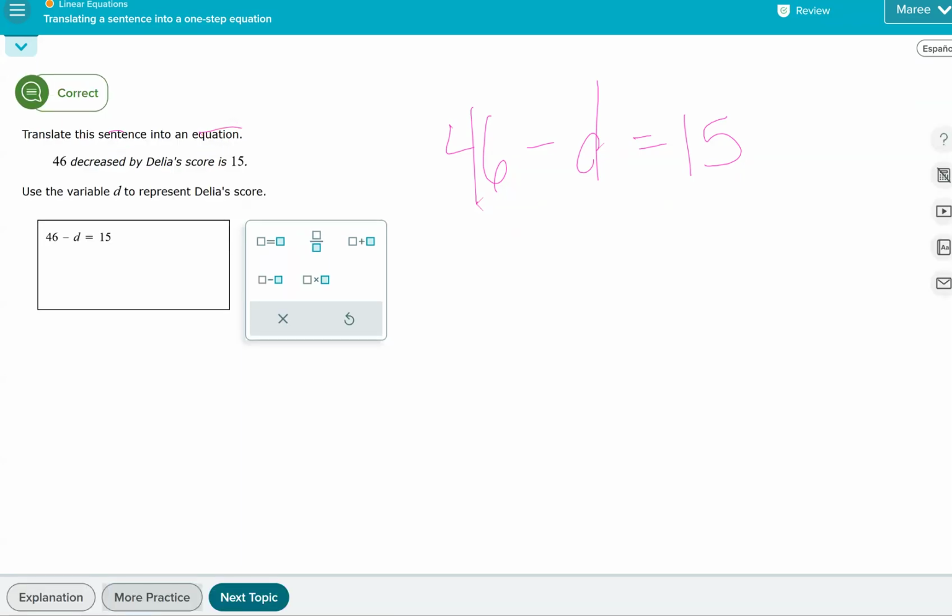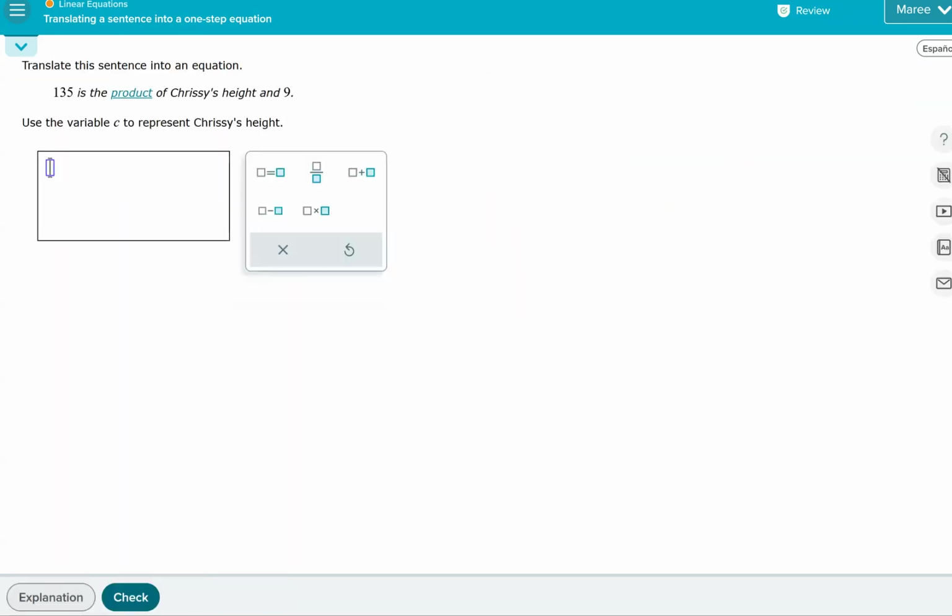All right, let's do another one. Now here they put the is at the beginning of your sentence. So we have 135 is. So we just write 135 equals. Okay, then we're going to see what goes on the right side of the equal sign. We're doing a product. So product, you are multiplying two things together.